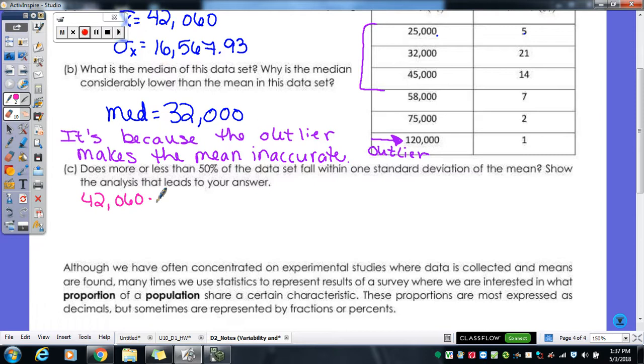So again, to find if it falls within one standard deviation of the mean, you have to take your mean, add your standard deviation, and subtract your standard deviation to see what values we're looking between. So my mean of 42,060 plus my standard deviation, and then my mean minus the standard deviation, again, to see what range of numbers we're looking at.